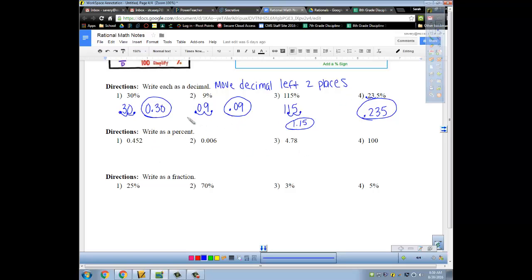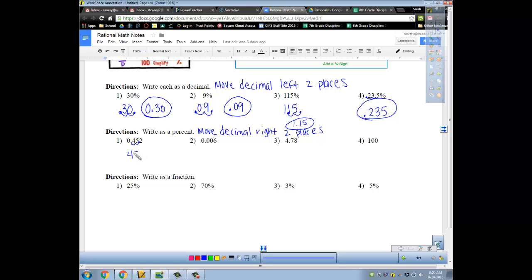The next 4 is the complete opposite. We're given a decimal, we want to turn it into a percent. So to do this, we are going to move the decimal right 2 spaces. Okay, so number 1, I have 0.452, so I'm going to move it right 2 places.